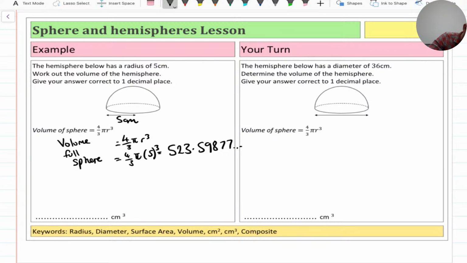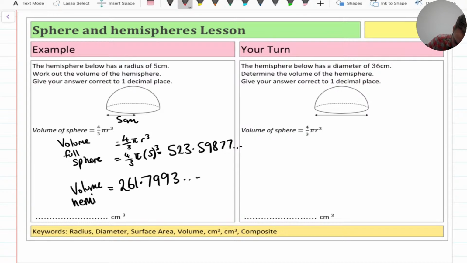So 523.59877 divided by 2. And that gives us the volume of the hemisphere, which is equal to 261.7993, continuing on.